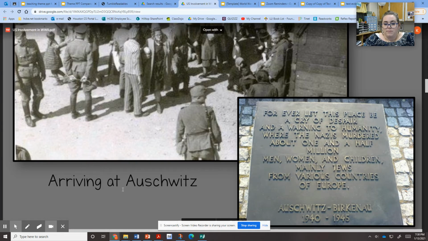And this is them arriving in Auschwitz, which was a concentration camp. Forever let this place be a cry of despair and a warning to humanity, where the Nazis murdered about 1.5 million men, women, and children, mainly Jews, from various countries of Europe for 5 years.